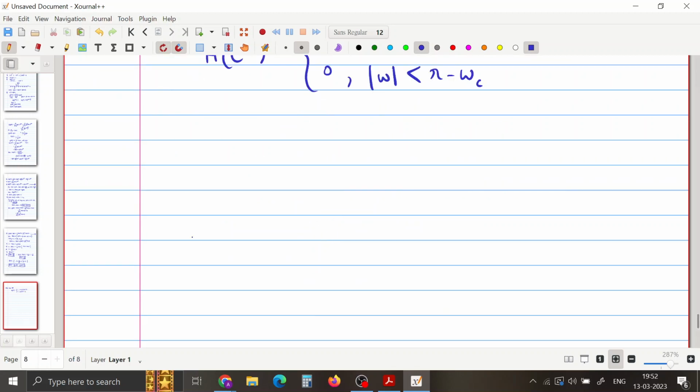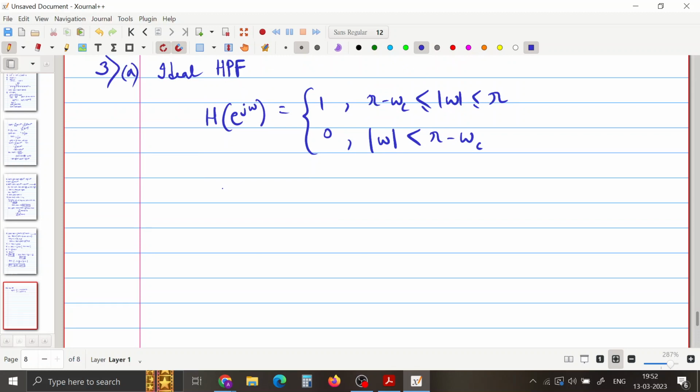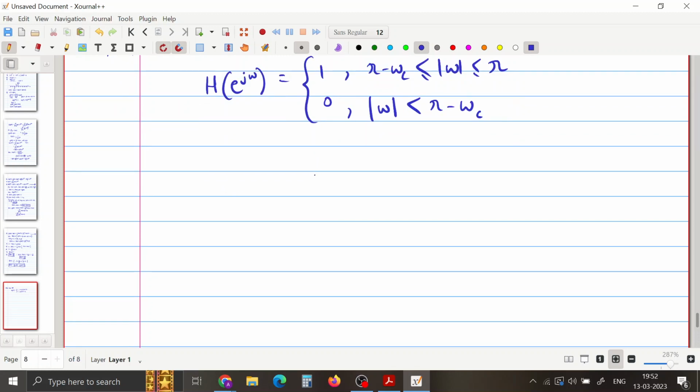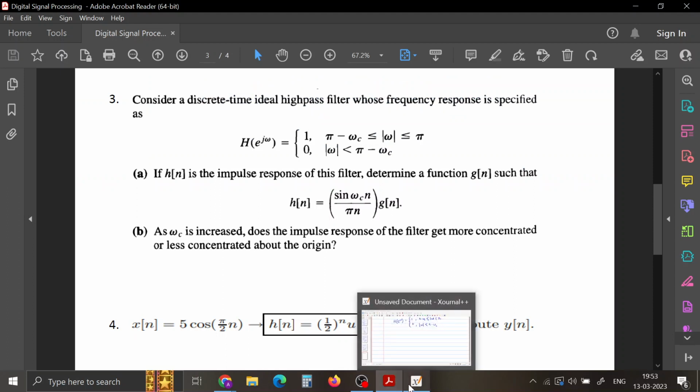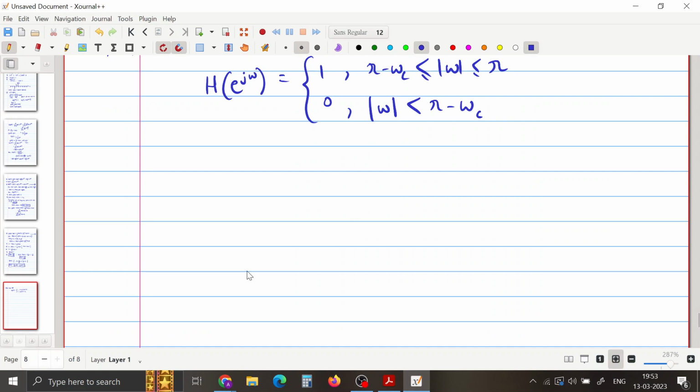Actually, the question says mod omega less than or equal to minus omega c. Can you show the question, please? Okay, so it's pi minus omega c actually. That's it.